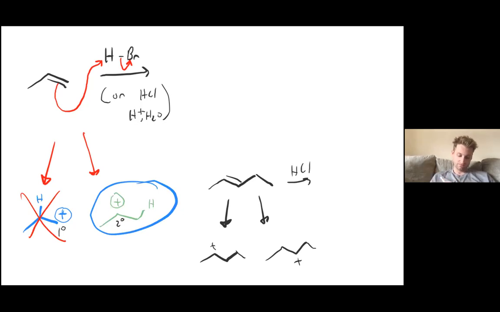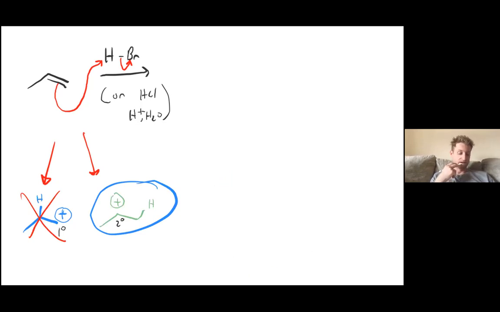From here, we can have Br come in. It's negatively charged.